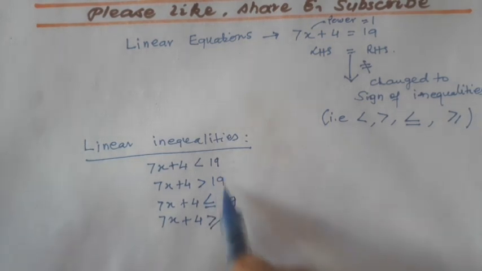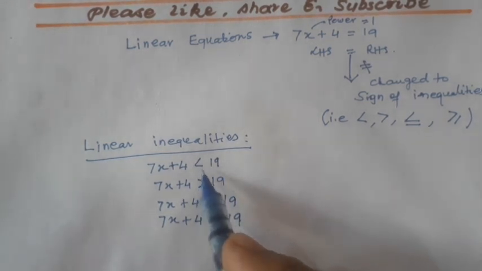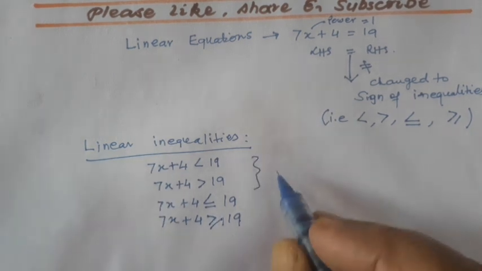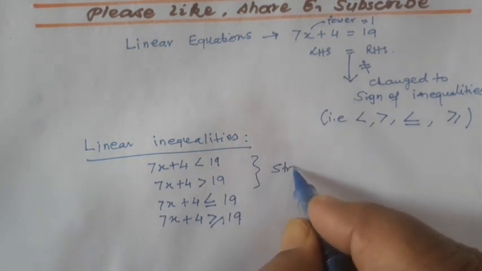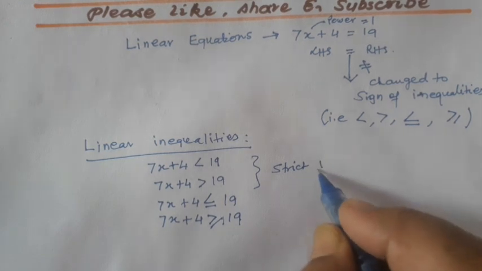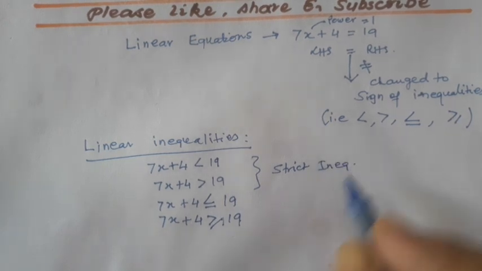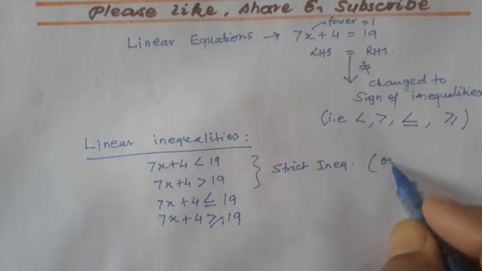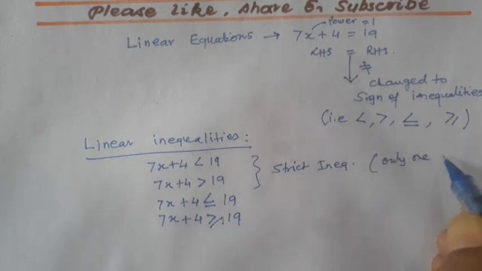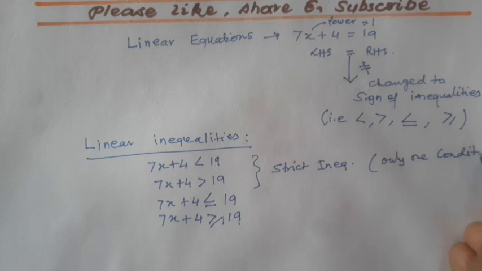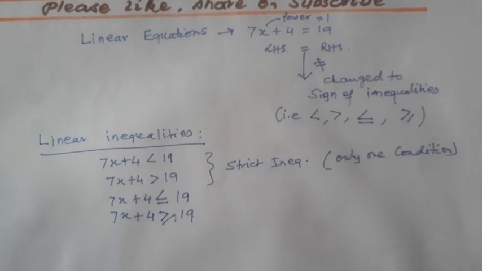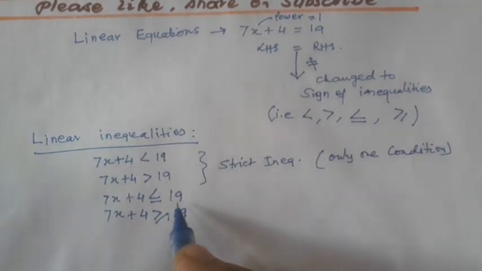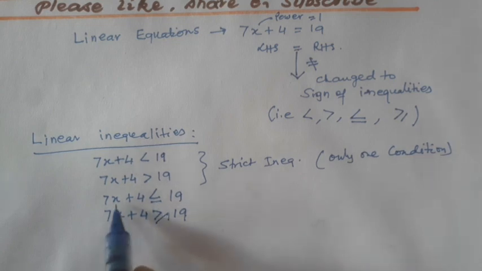In these four types of inequalities, we find that in these two only one condition is there. So it is called strict inequalities, because only one condition is there. Here two conditions are there.